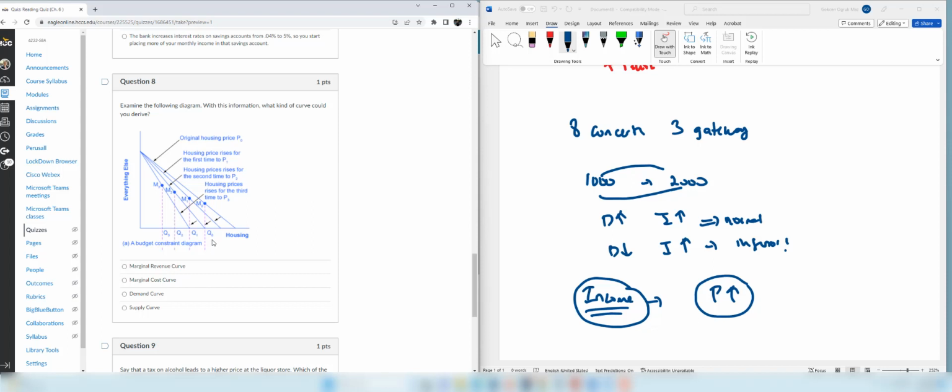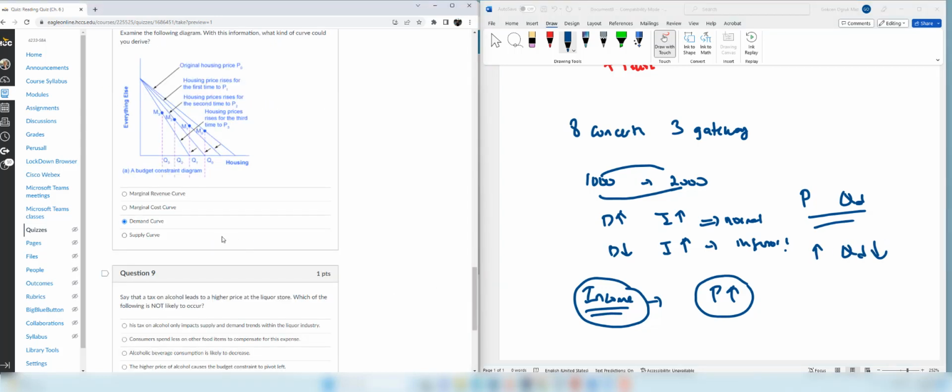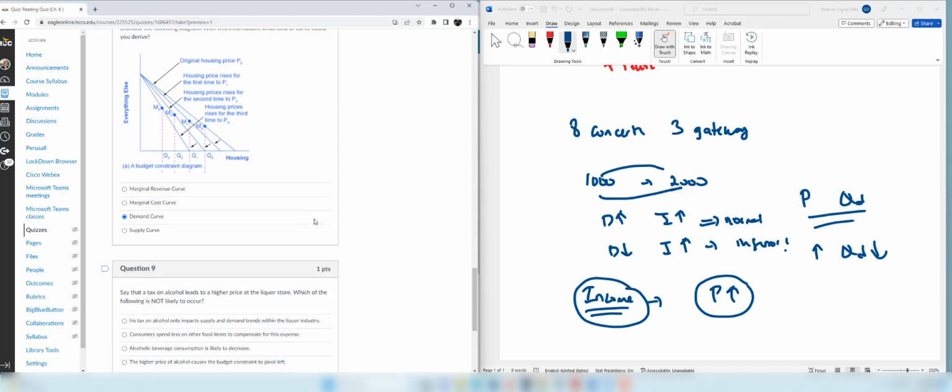When the price of housing increases to P1, then the consumption is M1, therefore the quantity of housing decreases from Q0 to Q1. And it continues like that. So that shows the relation between price and quantity demanded, and this is an inverse relation. When the price increases, quantity demanded decreases. Therefore, we can derive the demand curve out of these changes in budget constraint due to an increase in the price of housing.